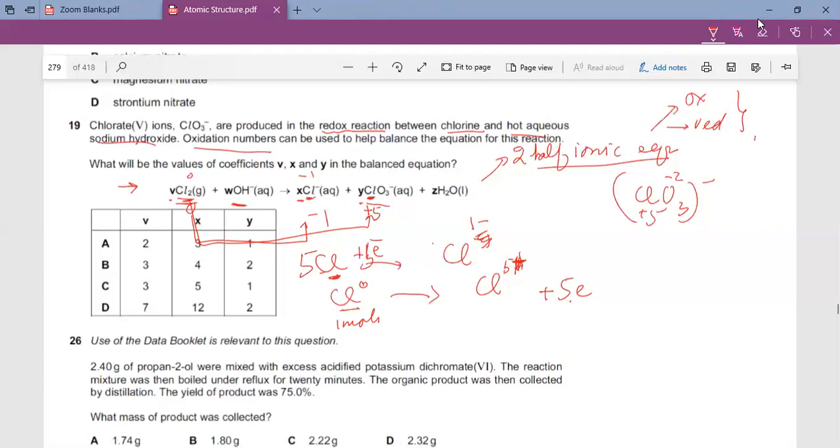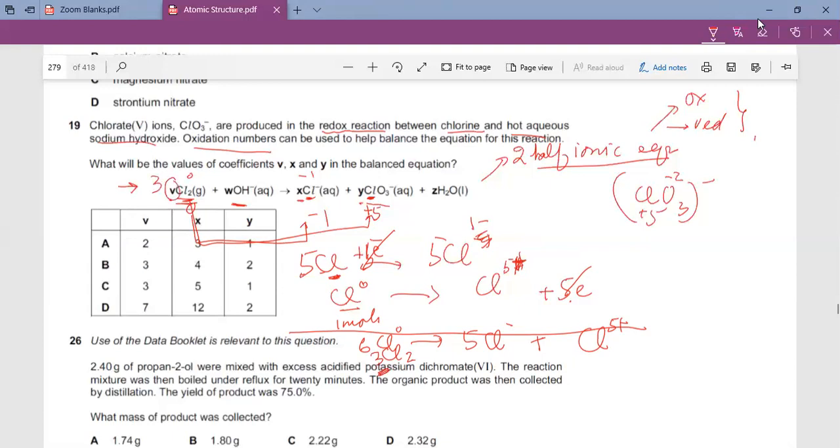To give 5 here, because the total must balance off, the total here is 5 plus 1, which is 6 Cl at 0 going to 5 Cl minus plus the 5 electrons, which cancel off, plus 1 mole of Cl5 positive. That means 6 Cl is actually 3 Cl2, so V is 3.